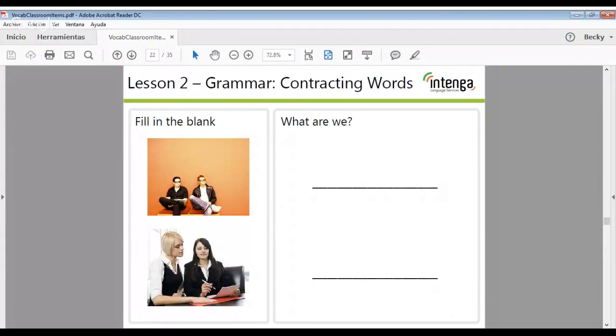Okay, good. And then in the other picture? They are women who are working at the office. Okay, good. So we're using the contractions in different ways. So they're working, we're using in the present continuous tense, and they're women is just the verb to be in the present simple. Perfect.